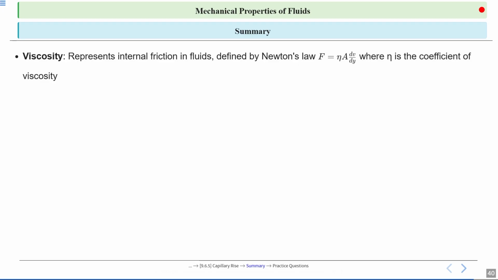Now let's summarize our lecture in some brief points. Viscosity represents internal friction in fluids, defined by Newton's law F equal to eta A dv upon dy, where eta is the coefficient of viscosity. For flow in pipes, the flow rate is pi r to the power 4 (P1 minus P2) divided by 8 eta.